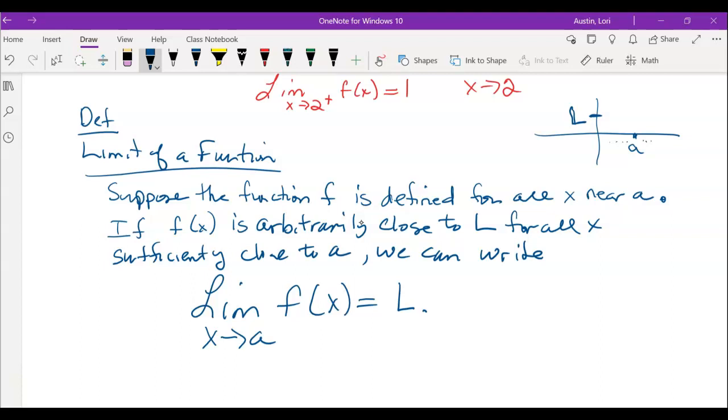Oh, sorry. It says suppose the function f is defined for all x near a. And again, these are all written out on here, just so you have them.